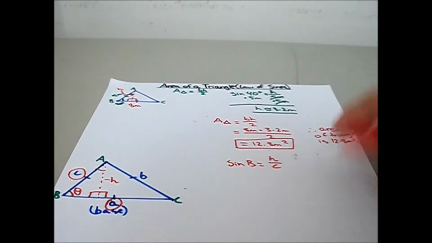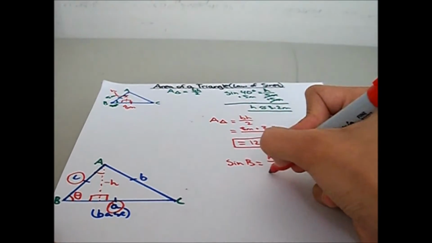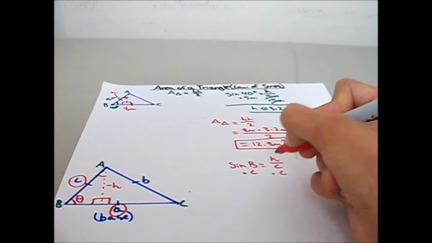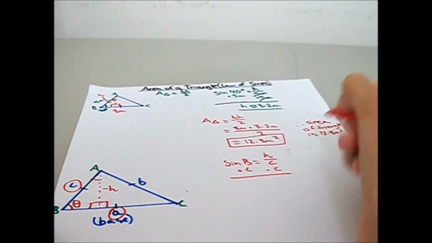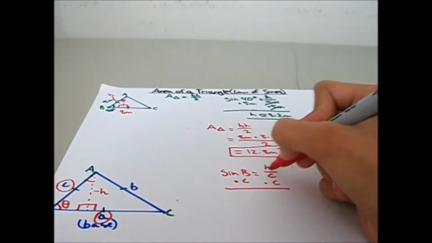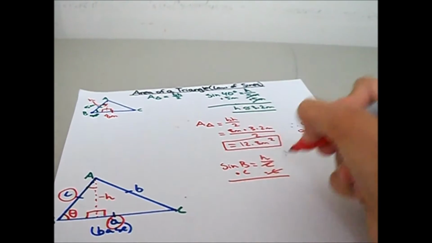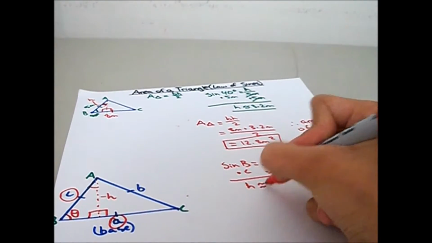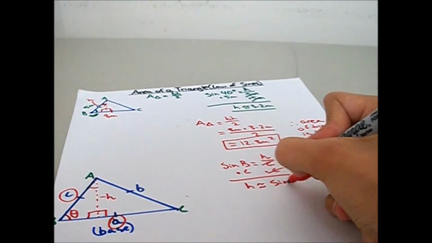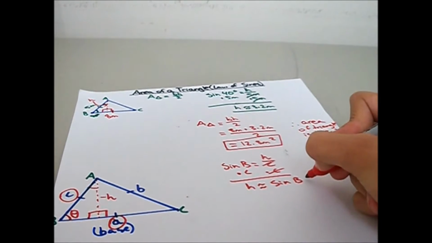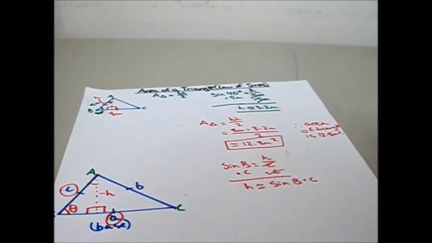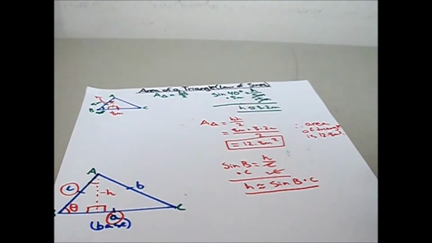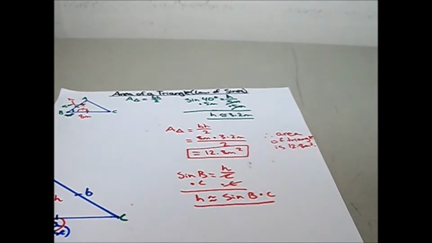Now to separate the height, we'll just multiply both sides by c to get rid of the denominator, and the height is sine of B times c, times side length c. Now that's very important to remember. h equals sine of B times c.